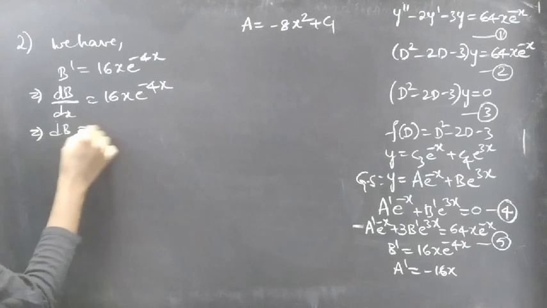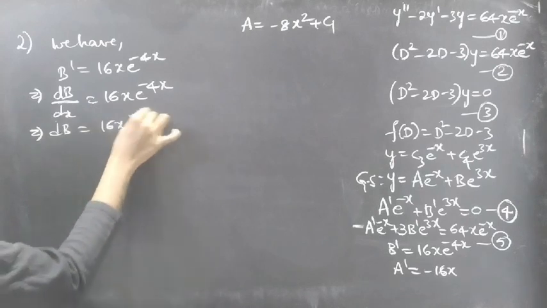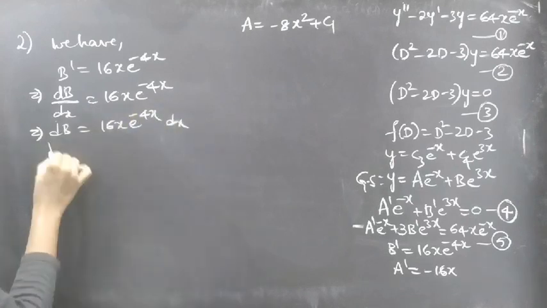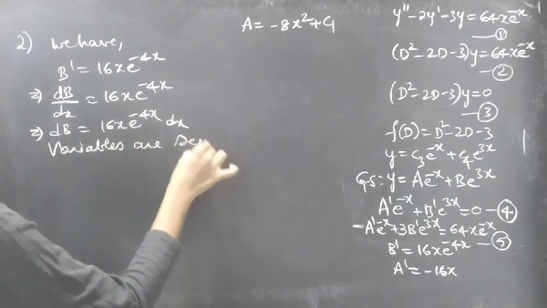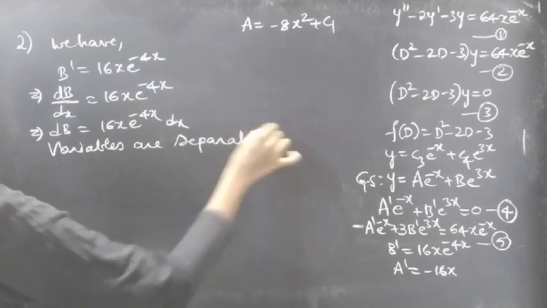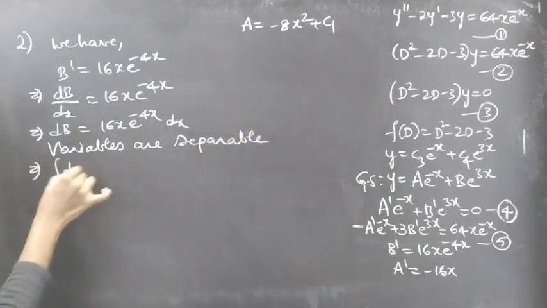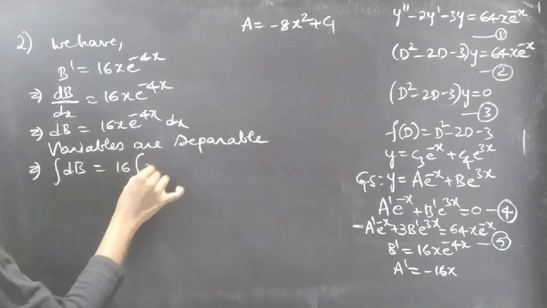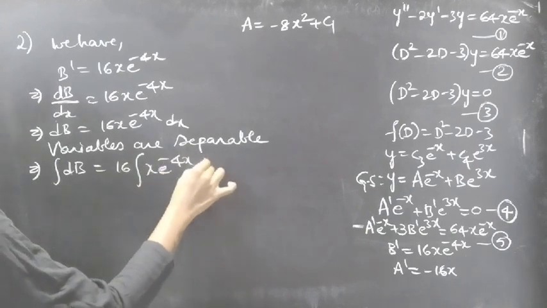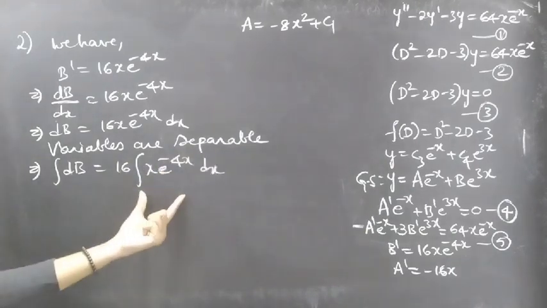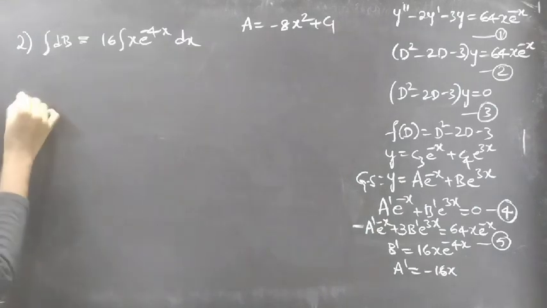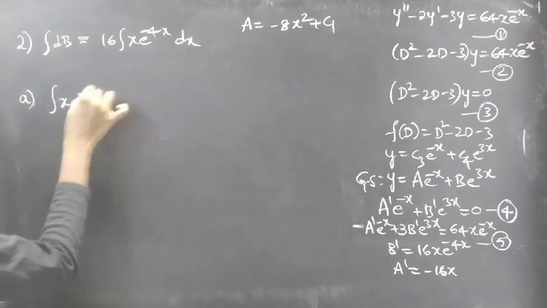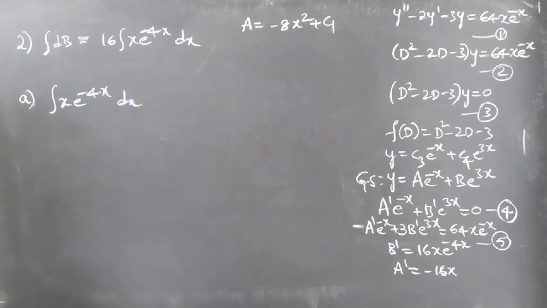We'll get db equal to 16x e power minus 4x into dx, where the variables are separable. Let's now perform integration. So here we are going to evaluate the integral of x e power minus 4x separately for our convenience. So here we are going to apply the integration by parts formula.